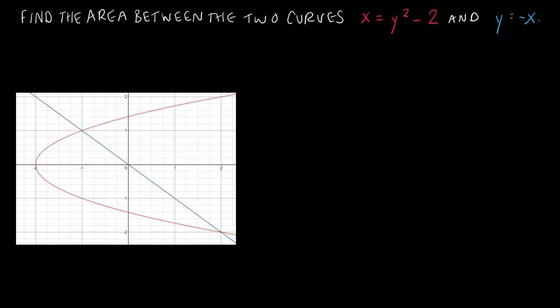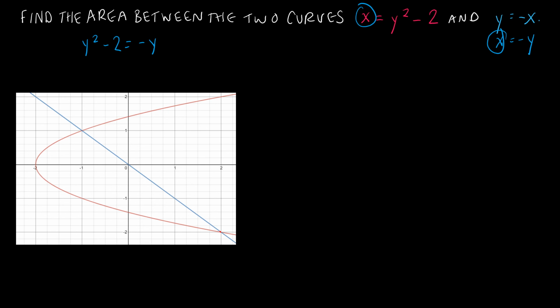Just as I did before, I'm going to find those limits of integration mathematically, so I'm going to set the two equal. The first one is x equals negative y, or y equals negative x. Either way, I'm going to rewrite this as x equals negative y, and the reason is that now I have x equals and x equals. So I can say y squared minus 2 is equal to negative y.